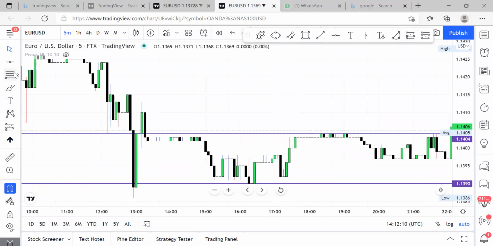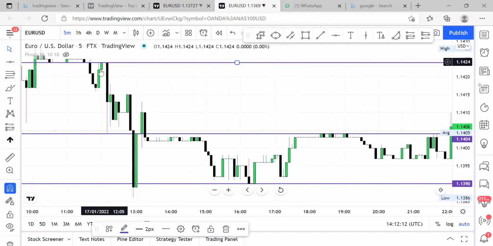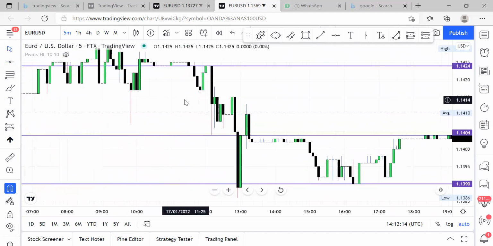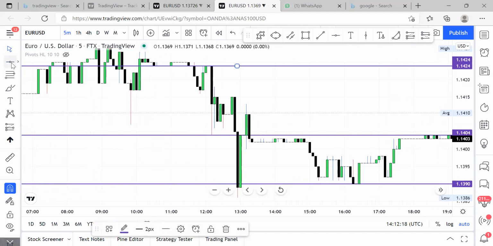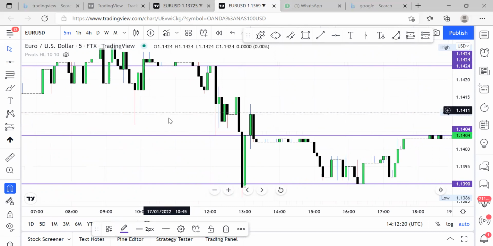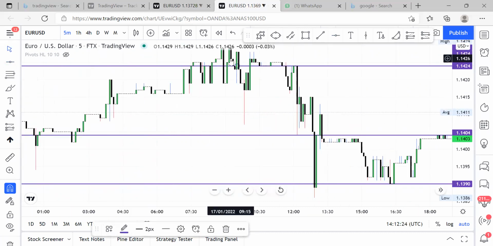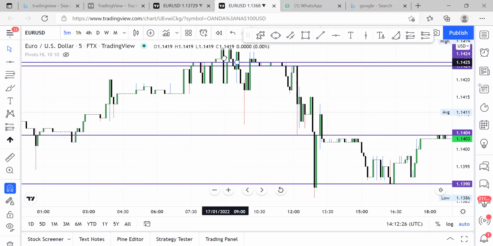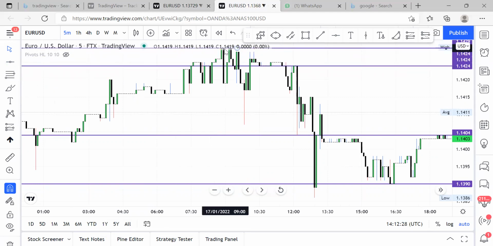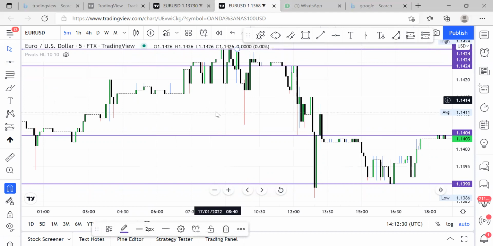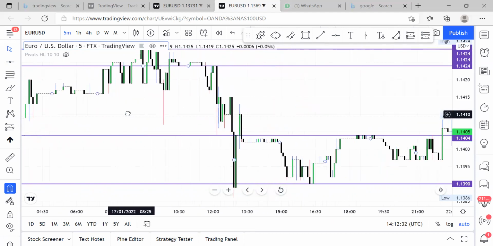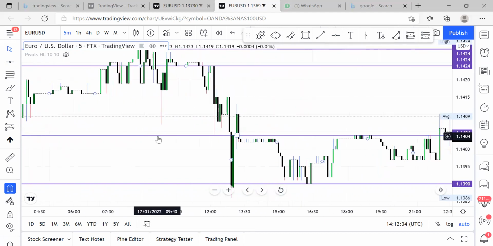So we have a zone at the top, and we've got the ultimate zone here. When we are doing this, try and do it from a high time frame so it's easier for you to get the optimal entries.